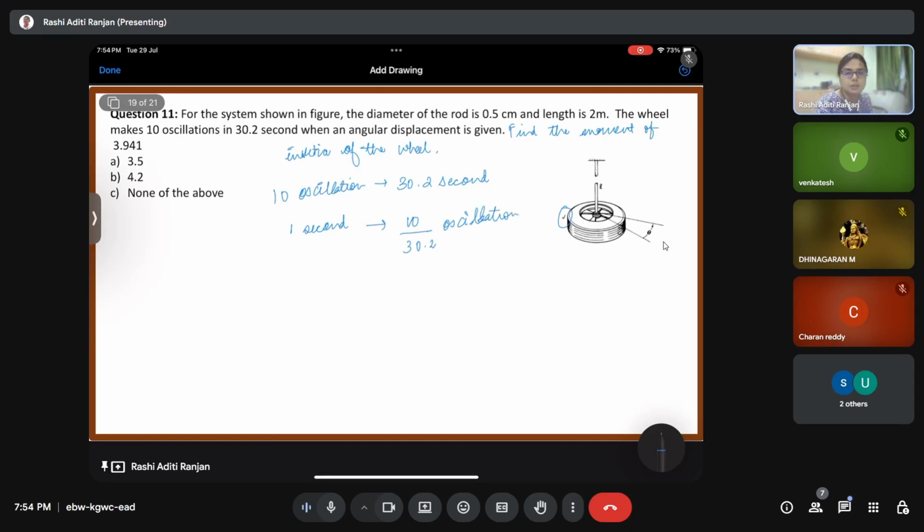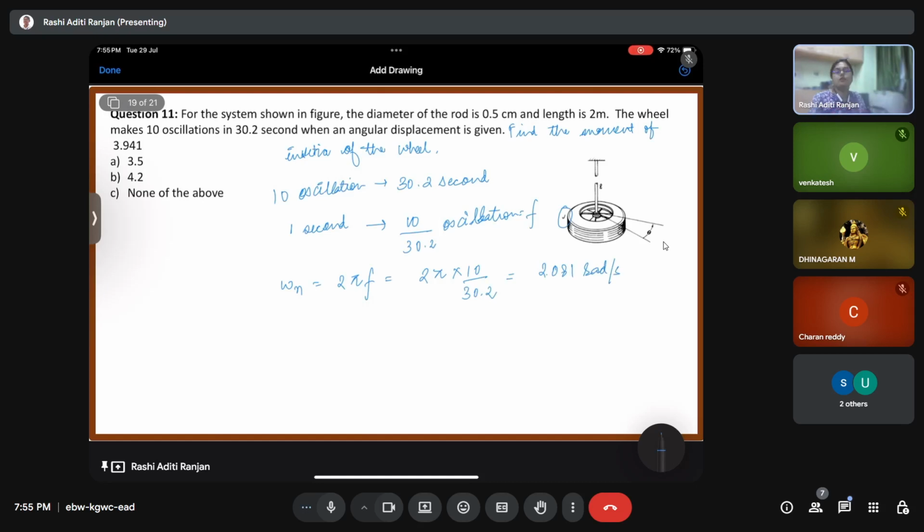How many oscillations or rotations are done in a second. So if this is f, the frequency in hertz, we can find omega n as 2 pi f, which is 2 pi into 10 by 30.2, which comes out as 2.081 radians per second.